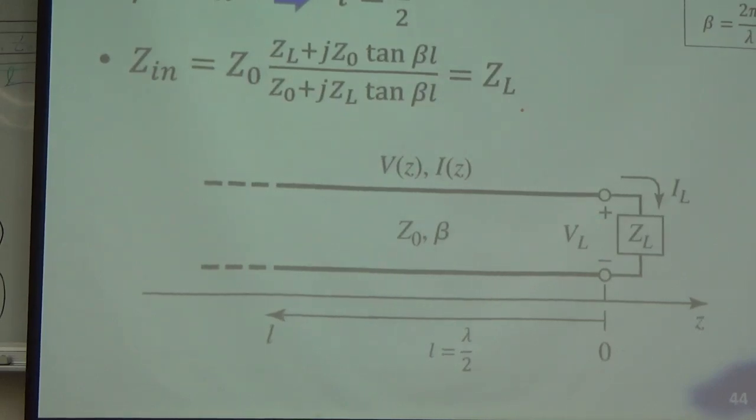When we talk about voltage, we have a forward voltage and the reverse voltage, right? For the matched case, there is only forward voltage. There is no reflection. Or you can say your S11 is perfect. S11 is minus infinite dB.